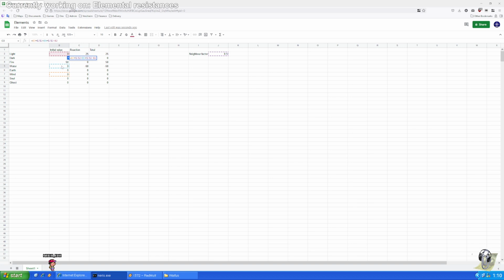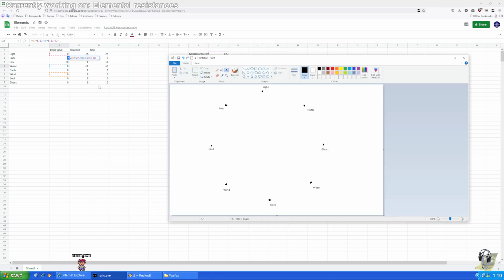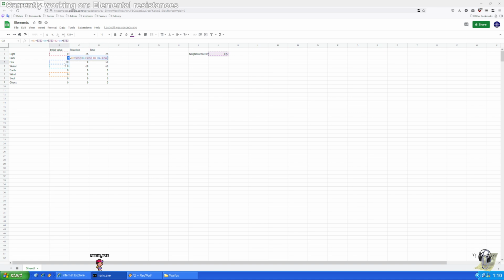These are neighbors, and then opposite neighbors are gonna be minus fire and earth. Fire times that, and minus earth times that.